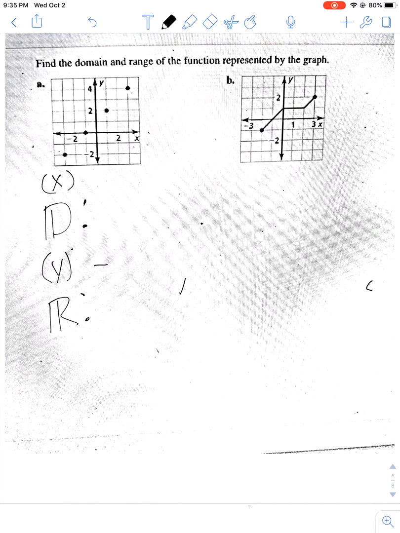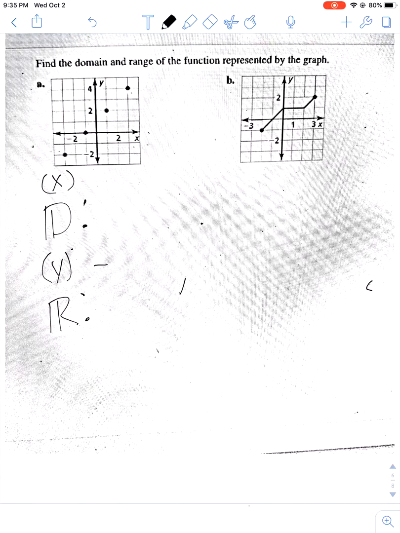Now the last part, the part that students really struggle with, domain and range. Now the domain is just all of your x's, all of your inputs. I have students remember this because D comes before R and X comes before Y. So let's see.